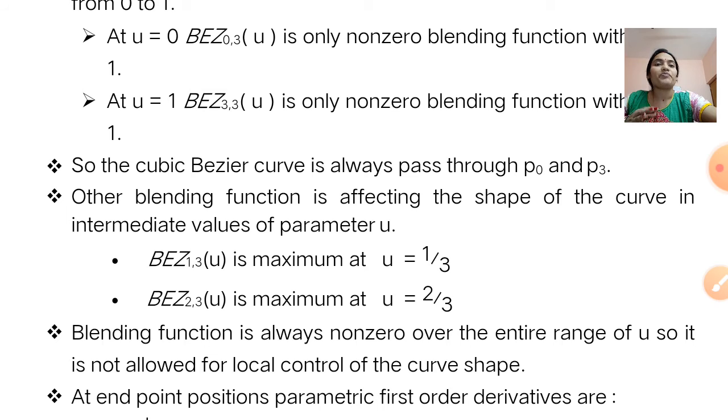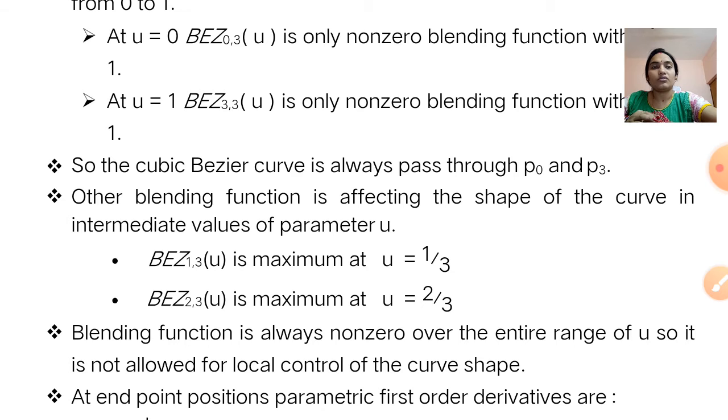At that time, base 1 comma 3 of u is maximum when u equals to 1 by 3, and also base 2 comma 3 of u is maximum when u equals to 2 by 3.